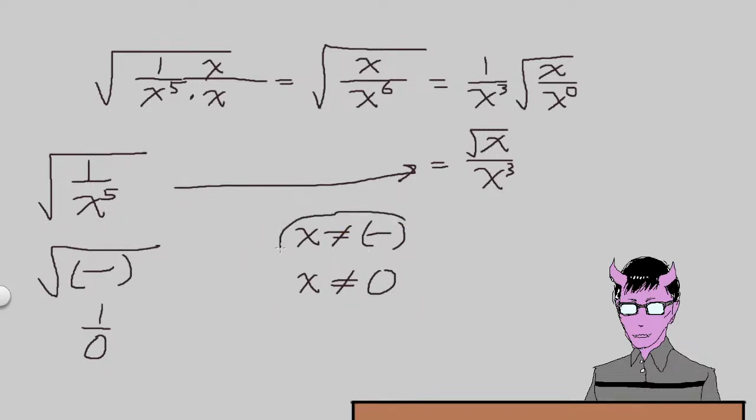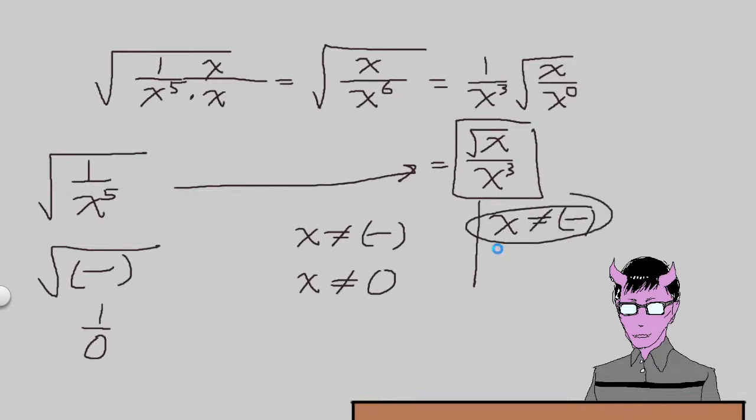Technically, this is an infinite situation, right? Because all the negative values will not work. So when you report your answer right here, you have to report two things. You have to qualify your answer in two ways. So number one, x is not a negative value. I don't think anyone writes this notation. And then number two, x is not 0.